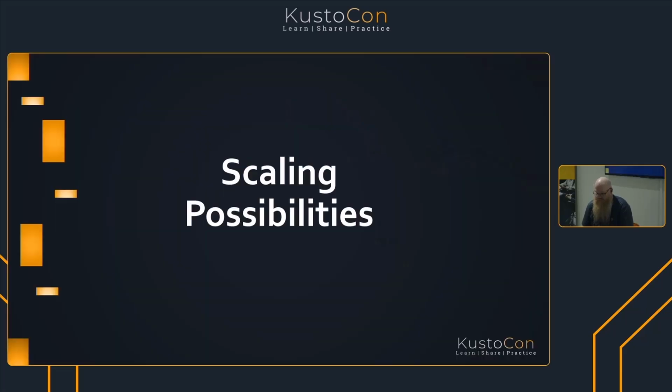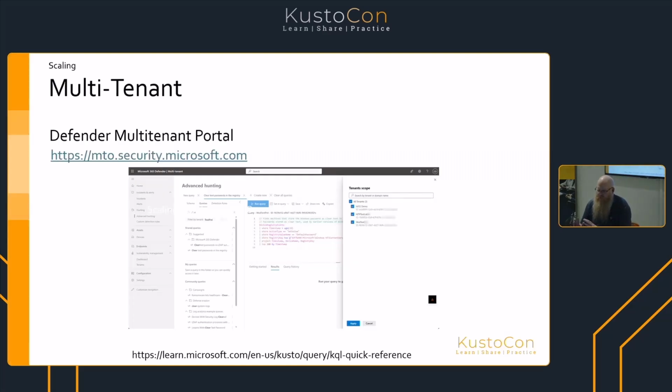It's graph. So the scaling possibilities. In the Defender XDR world, we have the multi-tenant portal, mto.security.microsoft.com. So if you have access with your account to multiple tenants, you can use advanced hunting across all the tenants, which is really efficient because with Defender you have access to tons of data, and you can also scale it.